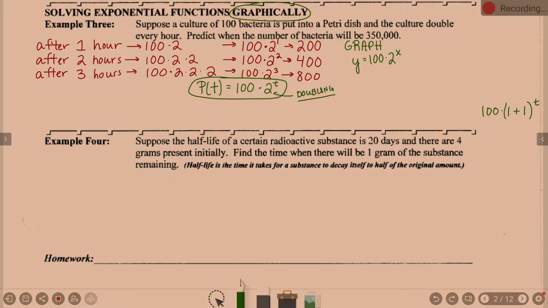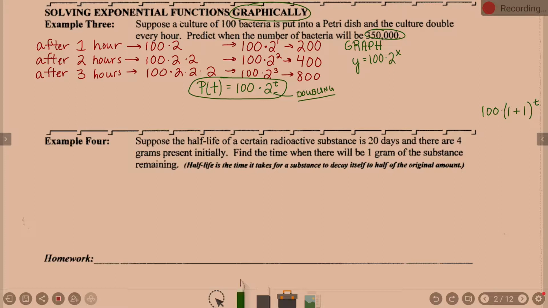And then what are we going to need to do here once we graph it? Trace. Okay, trace to where? 350,000. That's quite a big number, isn't it? Now, here's my thing. You could eventually trace to 350,000, but we also need a specific answer here.